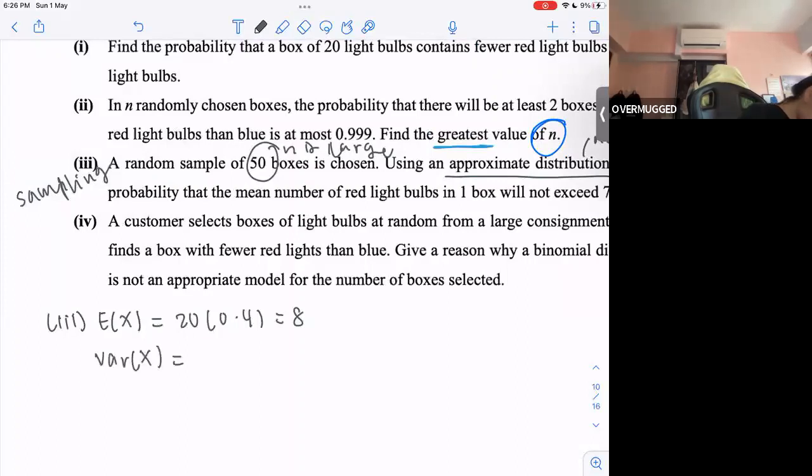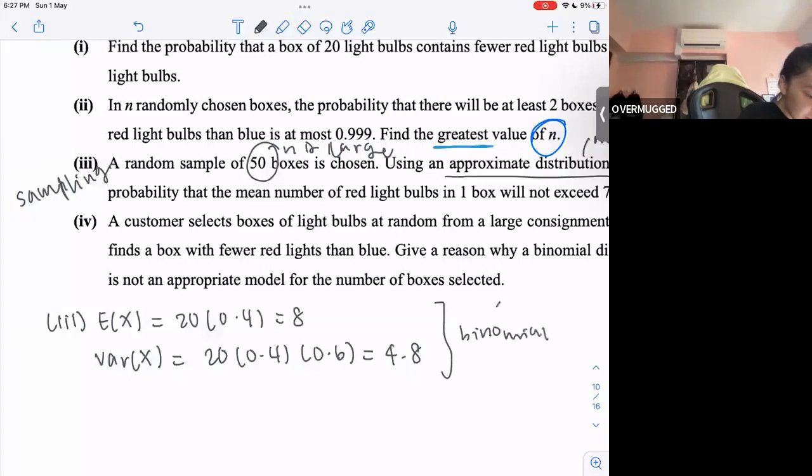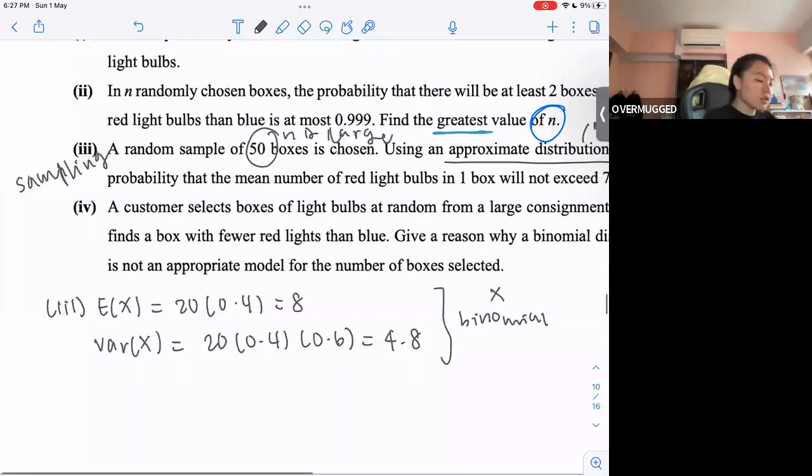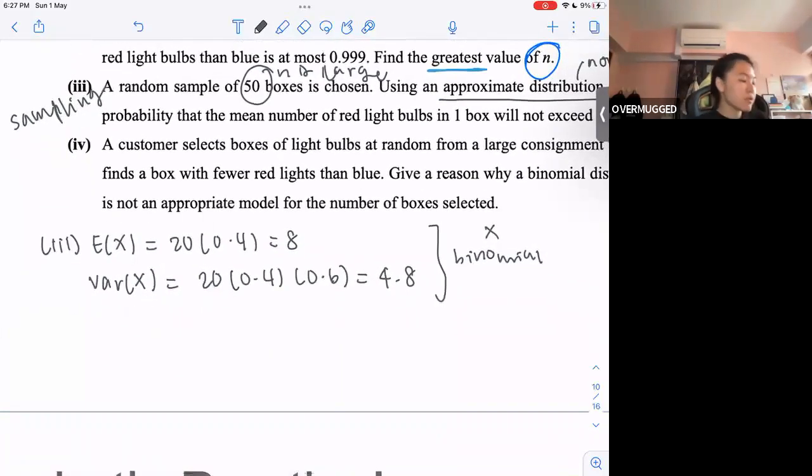And then the variance, again because it follows a binomial distribution, will be np(1 minus p), which is 4.8. X follows a binomial distribution. So you use this as your parameters for your normal distribution, because for your normal distribution, these are the parameters that you need.